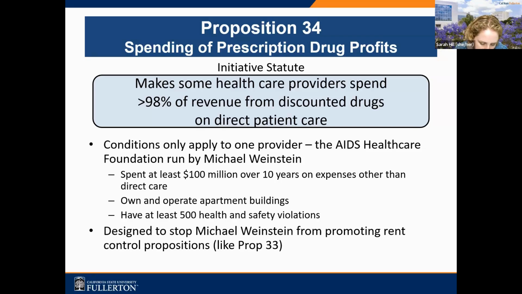Yeah, that's a really good question. I'm not 100% certain why this is his cause, but it has been for a long time. I think the AIDS Healthcare Foundation does provide services to folks who are low income. They do own a lot of properties on LA Skid Row, and I think they want to try to help the housing crisis through rent control.